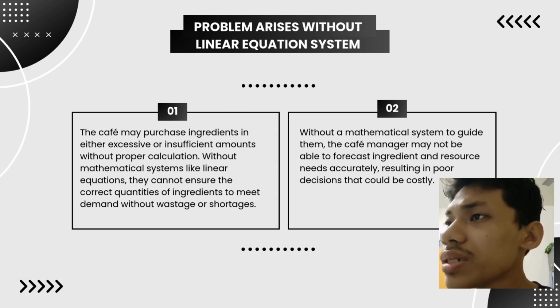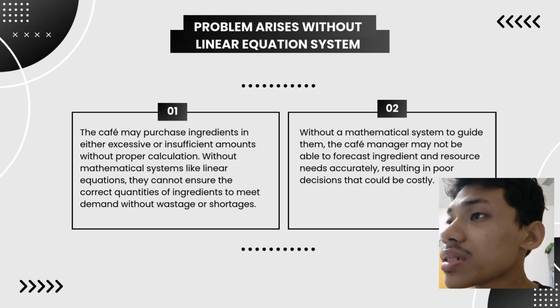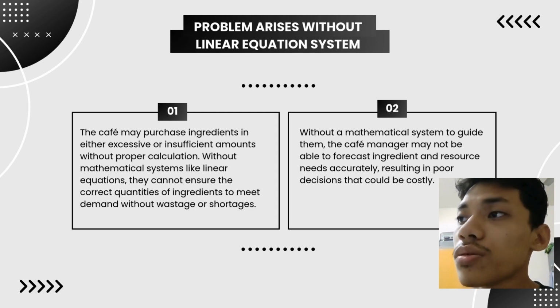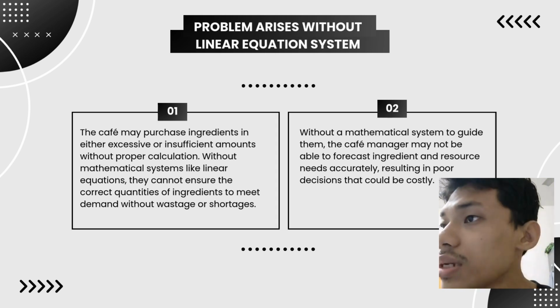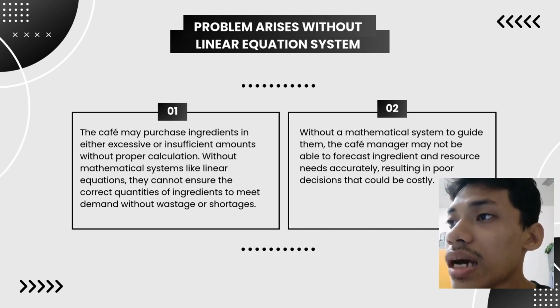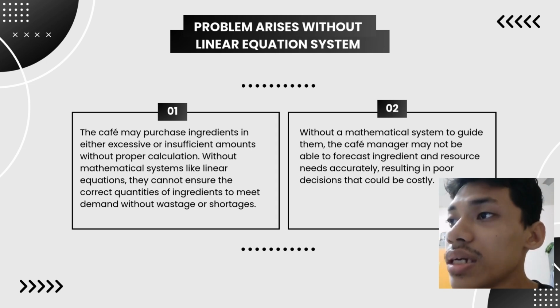The second issue is poor resource forecasting. Without a mathematical system in place, the cafe manager may struggle to predict the cafe's needs accurately. These trial and error approaches can be costly. However, by applying a system of linear equations, the manager can make informed decisions.